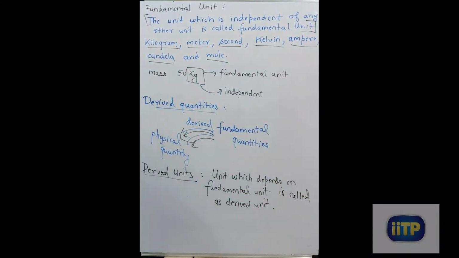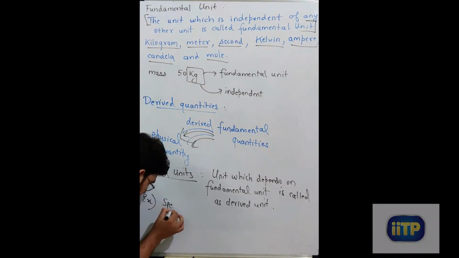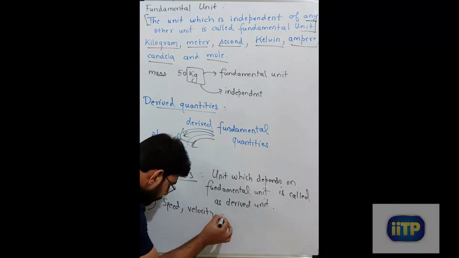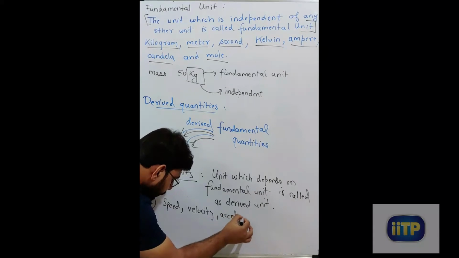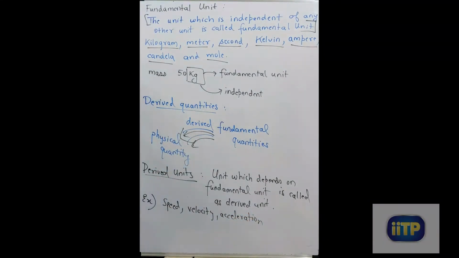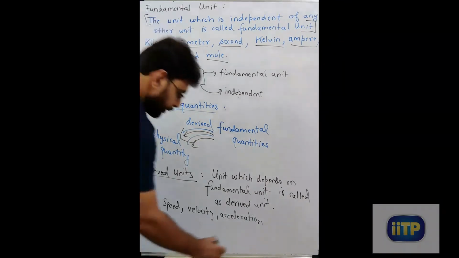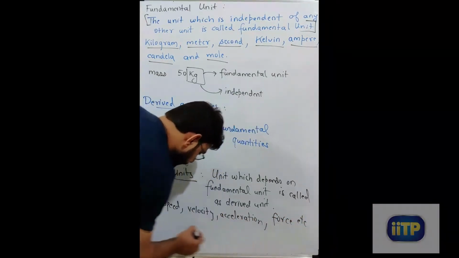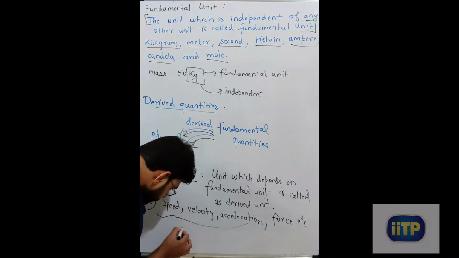Let us take some examples. So speed, velocity, acceleration, right? These are derived quantities. They have specific derived units. They are force, etc. So these are derived quantities.